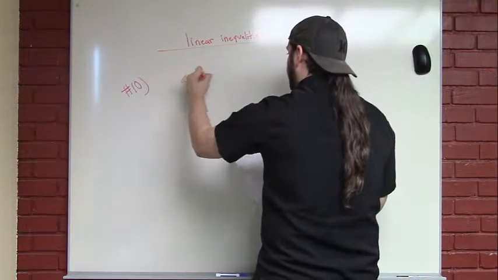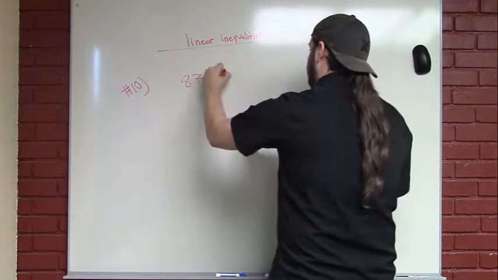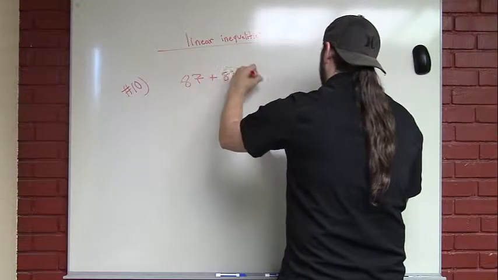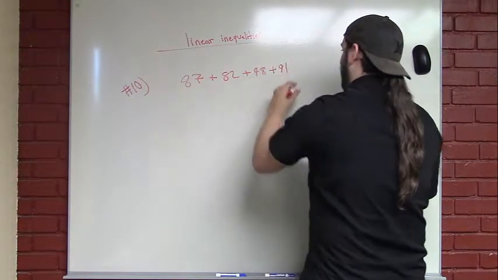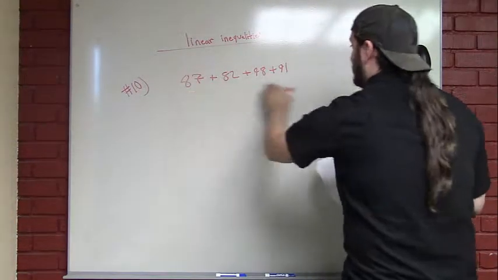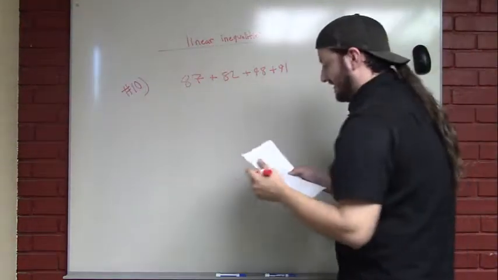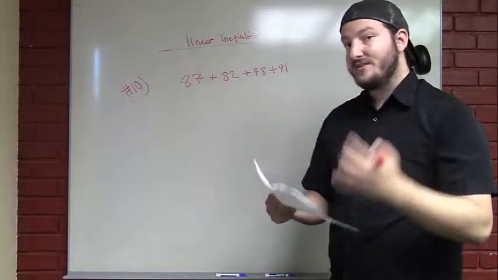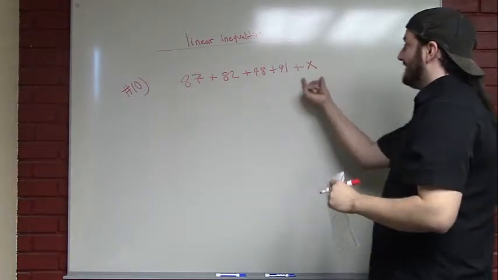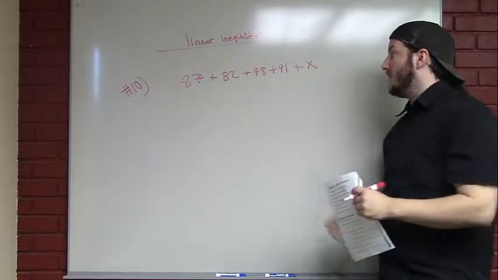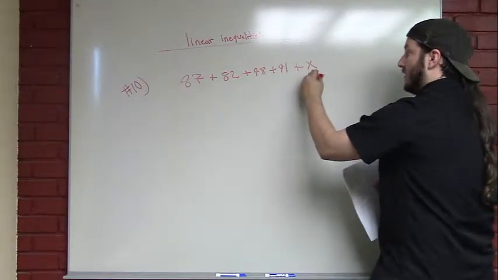So we have 87 plus 82 plus 98 plus 91. This is the 4 tests we know, but it's asking us what does he have to score on the 5th test. We don't know what that is. So you're going to have to add plus X. This is the score that we don't know. That's the 5th test score.